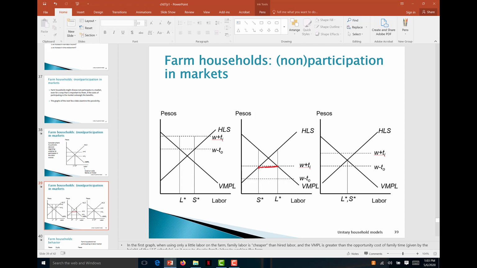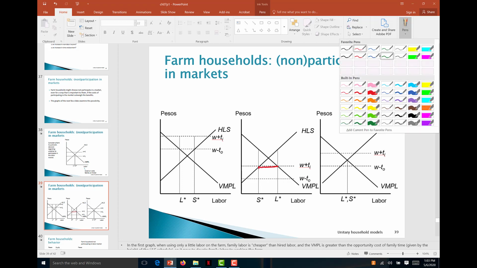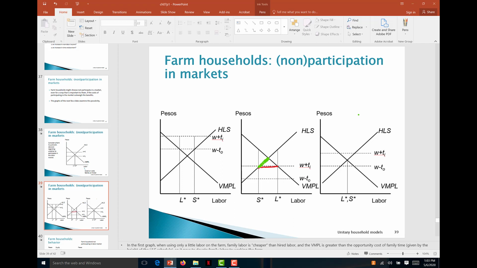Because the salary that they pay to the labor is lower than the reservation price of the household to work in the farm. So they are better off simply hiring labor than working in the farm beyond the point S. However, it doesn't end there.